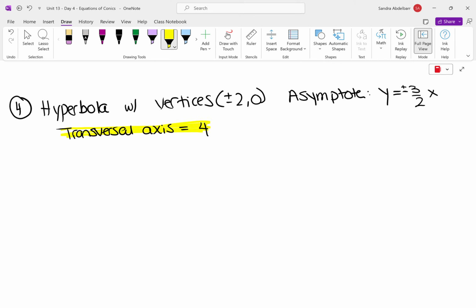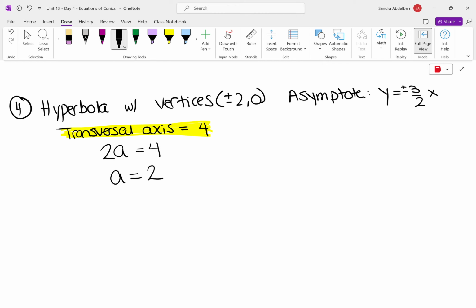All right, so my eyes are going directly to the transversal axis, because this is pretty solid information for us, because we know the transversal axis in a hyperbola is 2a. So this is saying 2a is equal to 4, which tells us a must be 2. Now that I know that a is 2, does that help me identify what kind of hyperbola this is?